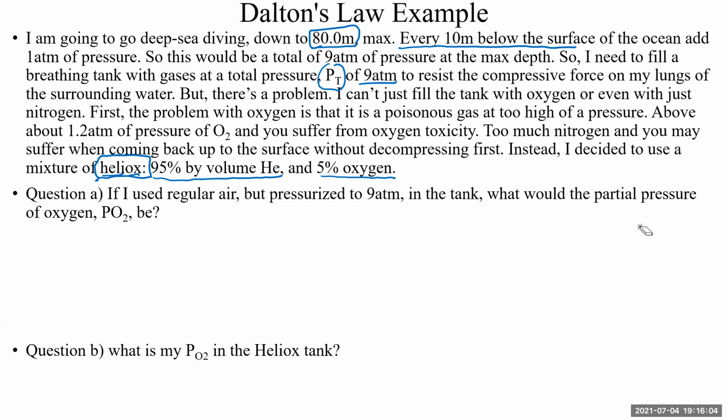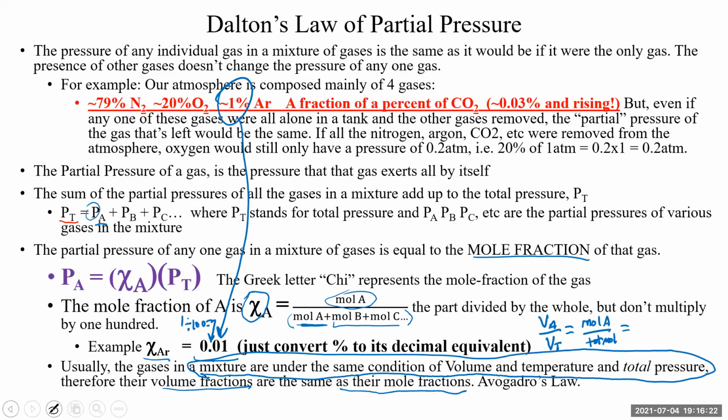So if I use regular air, but pressurized to 9 atmospheres in the tank, what would the partial pressure of oxygen, in other words, the P sub O2, be? Well, let's convert.